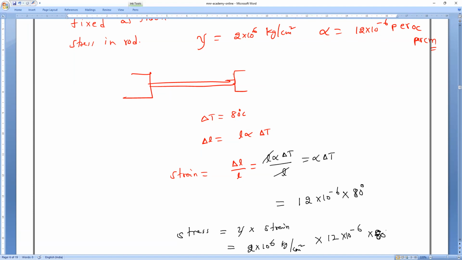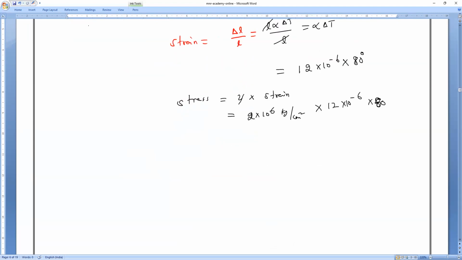Now 10 power 6 and 10 power minus 6 will get cancelled. Verify it, everybody. So what remains is 2 into 12 into 80. 2 into 12 is 24. So 24 into 80, how much is the answer?